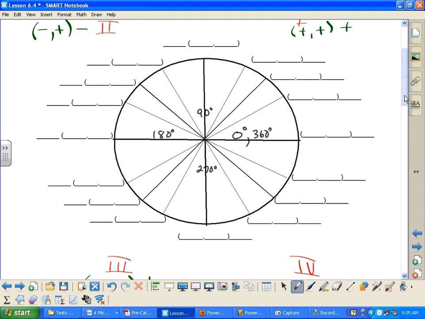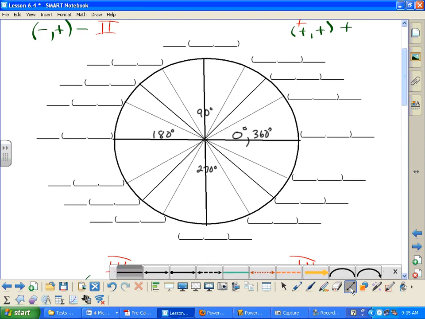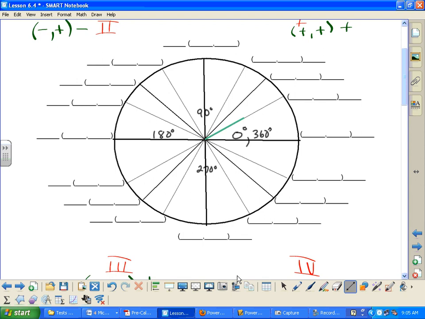So, if we look at it, I'm dividing this circle into, actually I'm just going to take the top half of the circle, and I just divided it into how many pieces? How many pieces do I have there? 6 pieces, okay? And so if I take 180 degrees and divide it by 6, what do I get? 30, right?